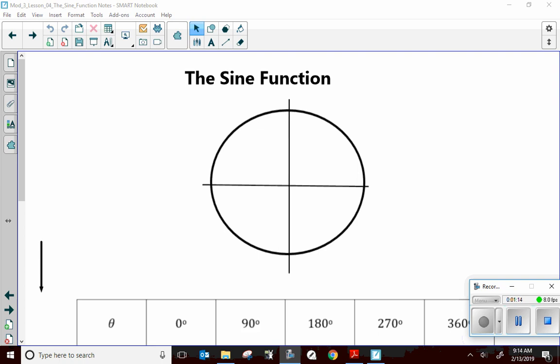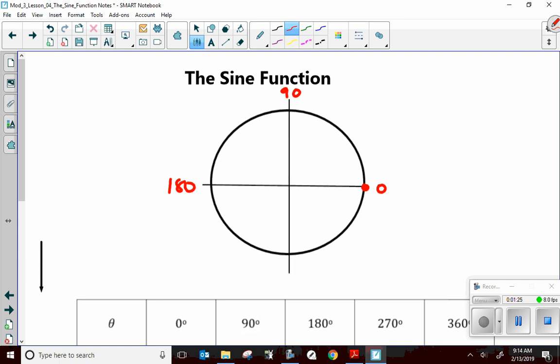So first of all, on the unit circle, you should remember that this is 0 degrees, 90 degrees, 180 degrees, 270 degrees, then we come back to a full circle, 360 degrees. And the unit circle has a radius of 1. So any coordinate, and I'll do this in green, this is the coordinate 1, 0.